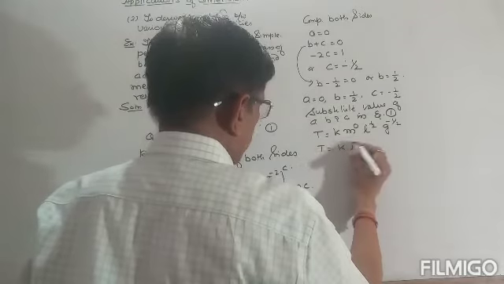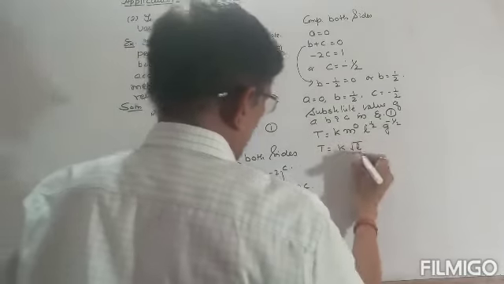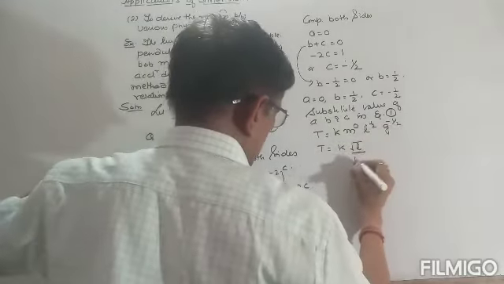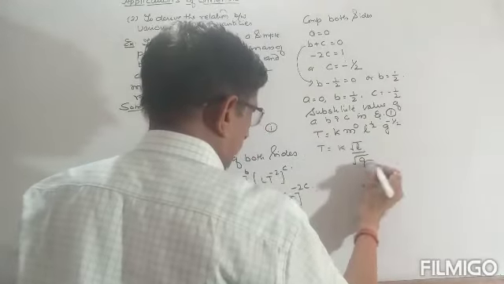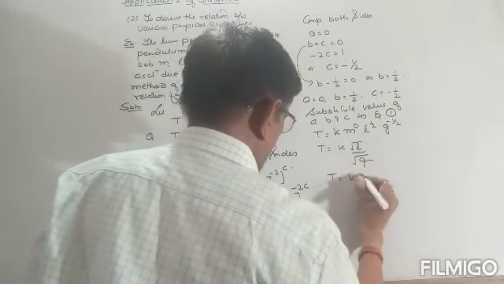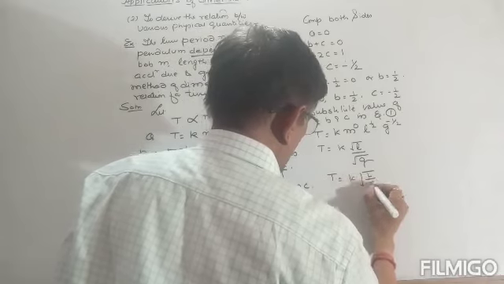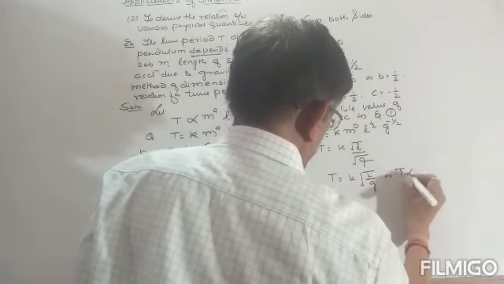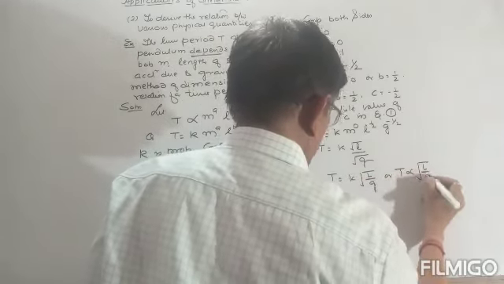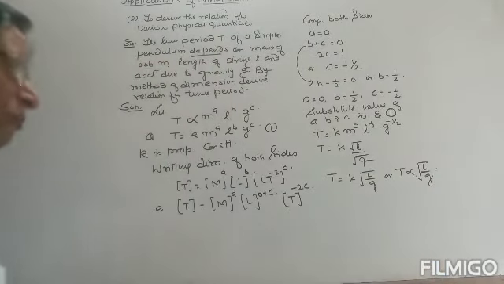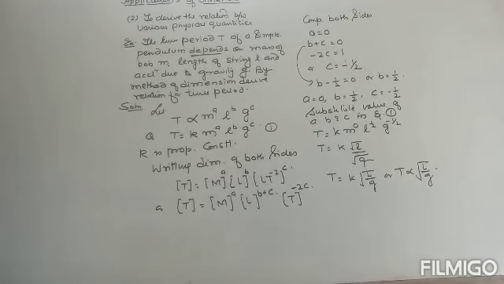L power half is under root L, g power minus half. Because of the minus it will go in the denominator and power is half. So T is equal to K under root L upon g, or you can say T is proportional to under root L upon g. So this is the formula for the time period of simple pendulum. T is equal to K under root L upon g.